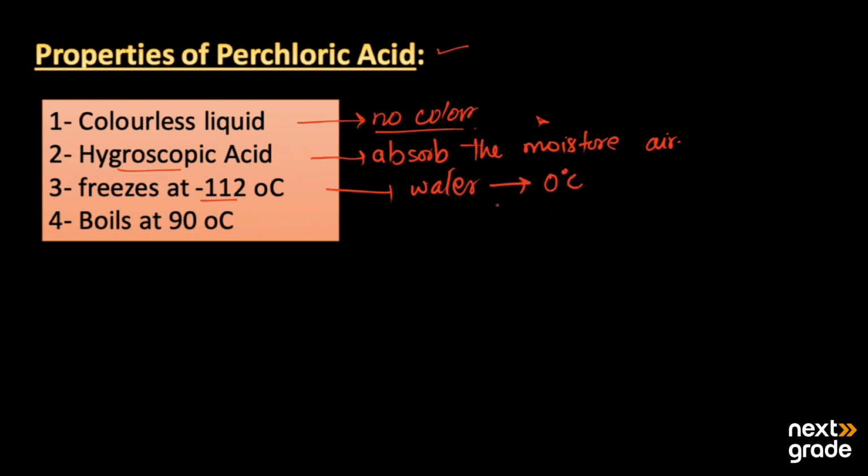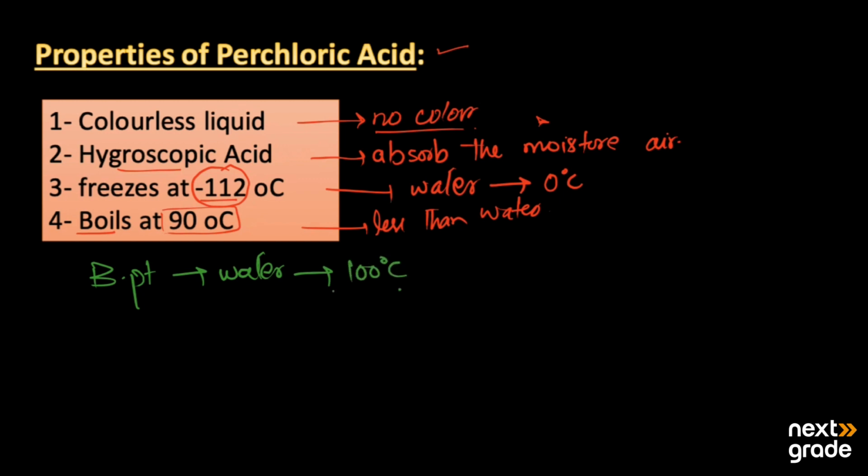On the other hand, its boiling point is just 90 degrees Celsius, which is less than water, because the boiling point of water is 100 degrees Celsius. So this is a simple comparison between the properties of perchloric acid and water. It starts to decompose when the temperature reaches 90 degrees Celsius.